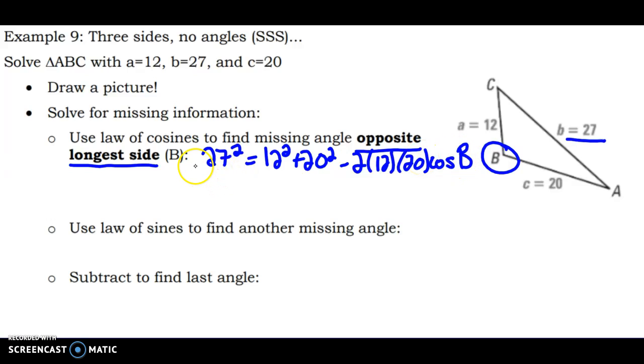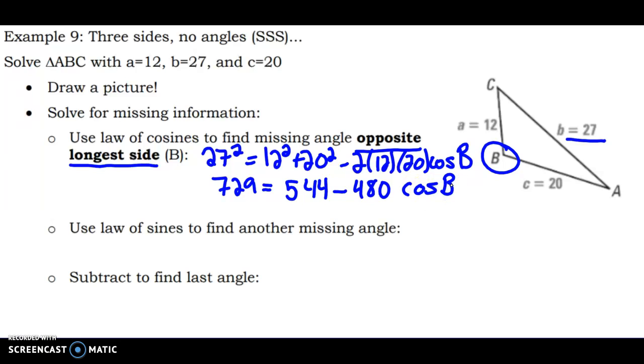You must do it in steps. 27 squared is 729. I can do 12 squared plus 20 squared, but because 2, 12, and 20 are multiplied to cosine B, you cannot separate that just yet. So that's 480 cosine B.